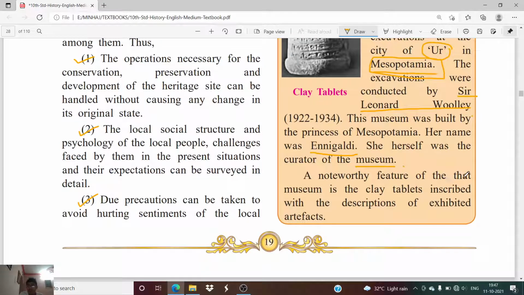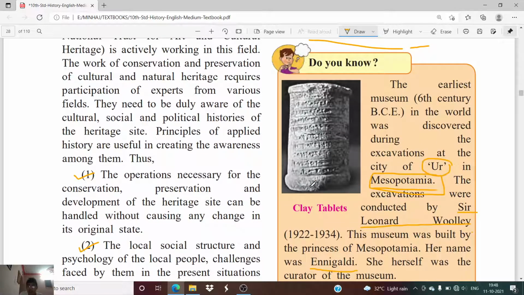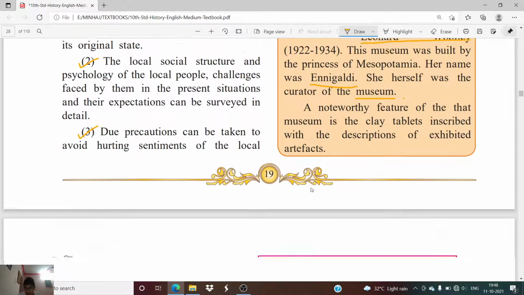A noteworthy feature of that museum is the clay tablets inscribed with descriptions of the exhibited artifacts. In the museum you will see certain tablets and artifacts where information about different historical equipment or instruments was inscribed.